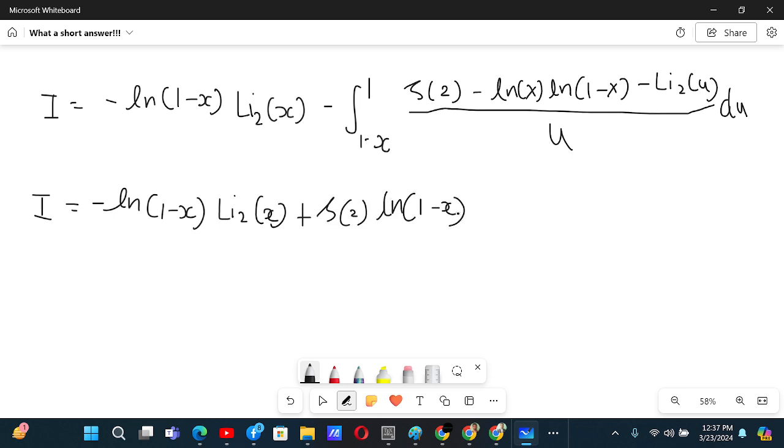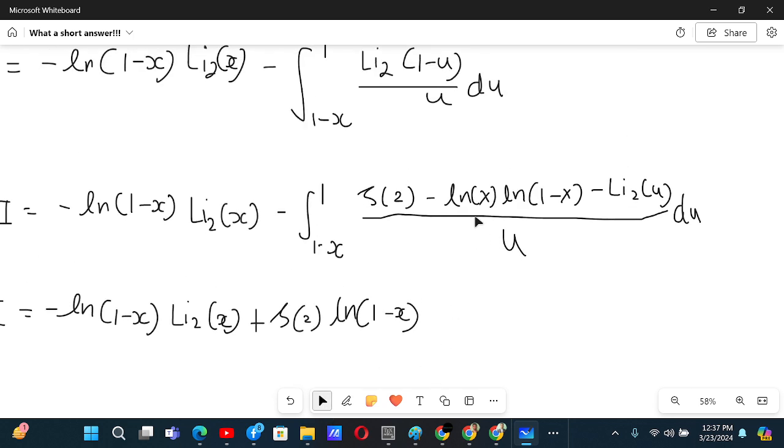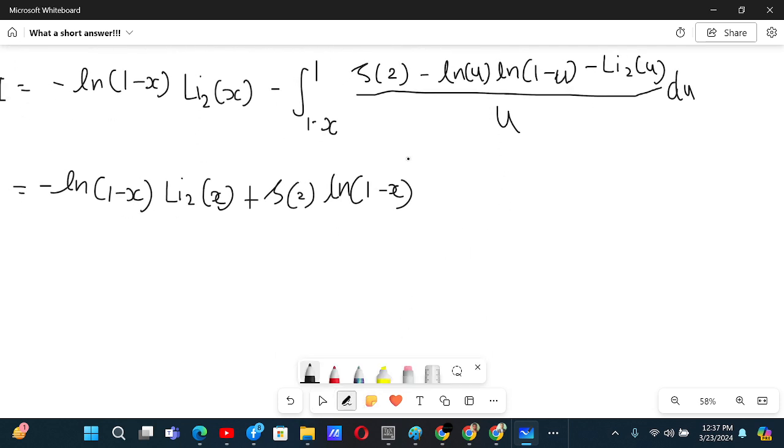And then, how did I get x over here? That's clearly u. Fine. Now we had the integral from 0 to 1, this is ln of u ln of 1 minus u by u du.